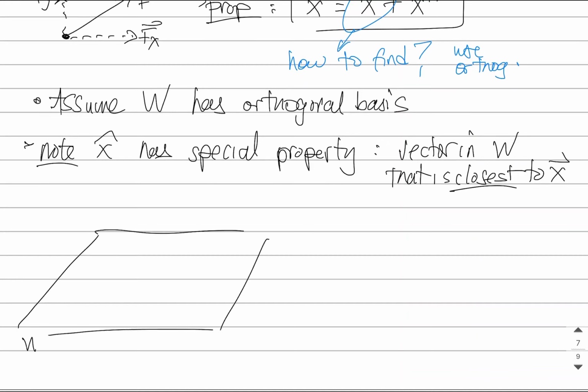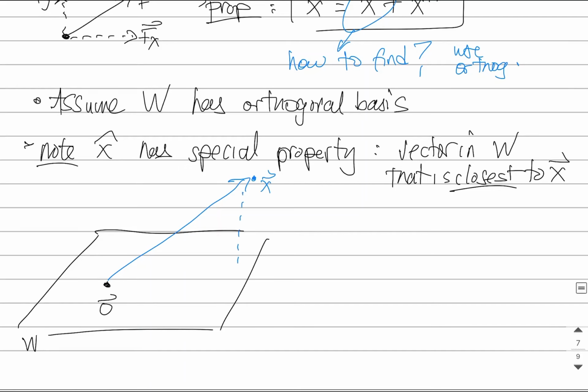This is a subspace, and if it's a subspace, it contains the zero vector. Not every vector that we ever deal with will live in that subspace, right? So here's our vector x. It certainly does not live in that subspace. I am going to talk about what I mean by the distance from x to that plane there.